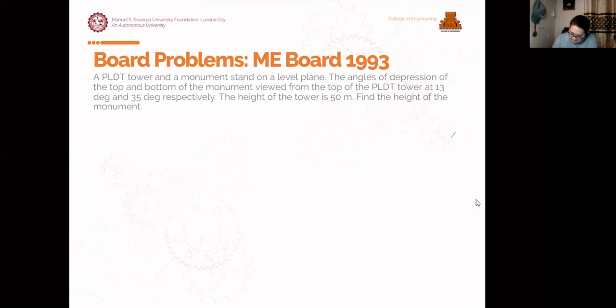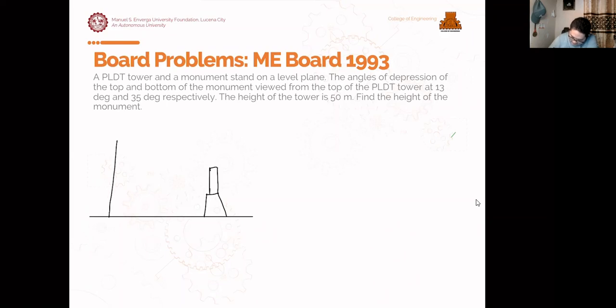So, let's say ito yung tower ng ano, okay, so ito yung monumento natin. Halimbawa monumento yan ha.